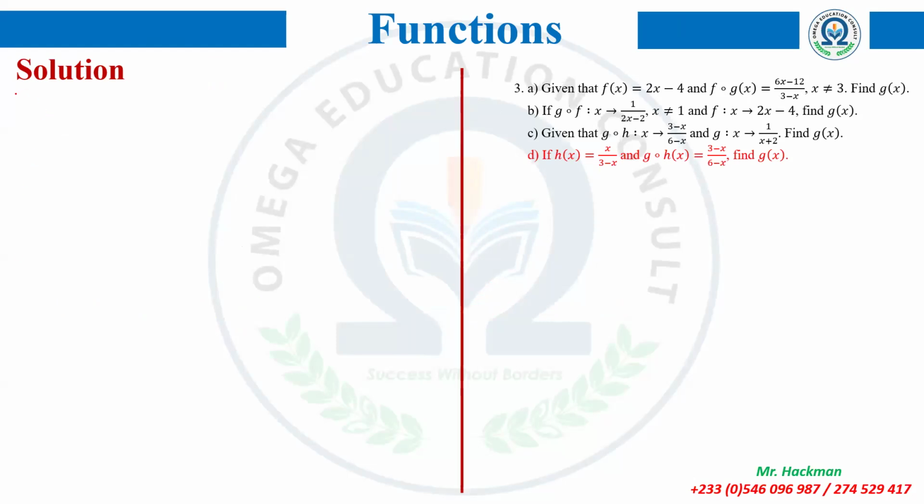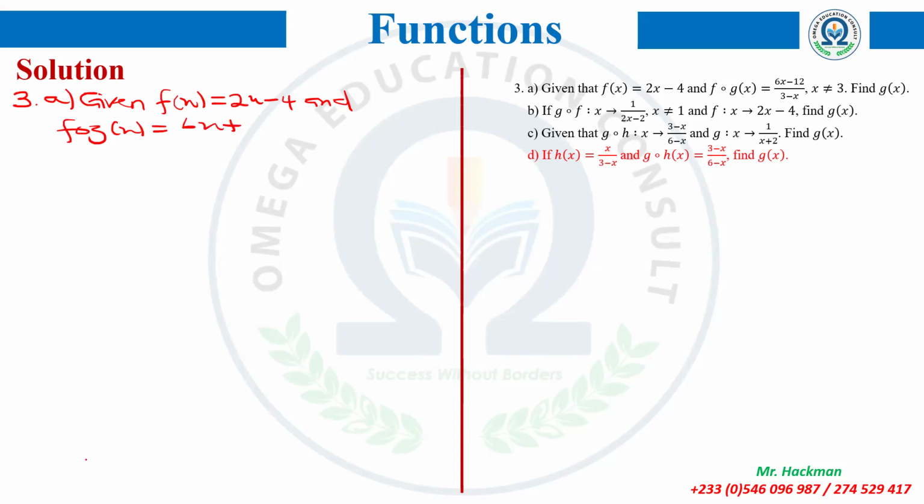So question number 3, part A. What am I given? I don't attach the dots. I have f of x equal to 2x minus 4. My f of g is also in relation form, so I thank God. f of g of x is equal to 6x plus 12.